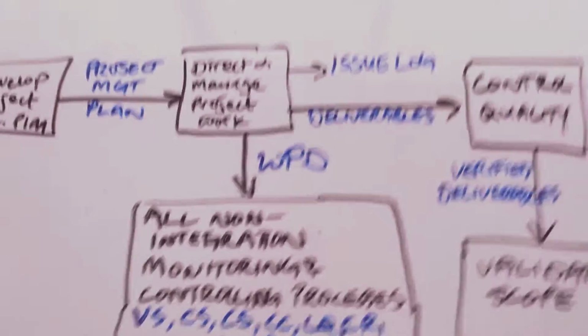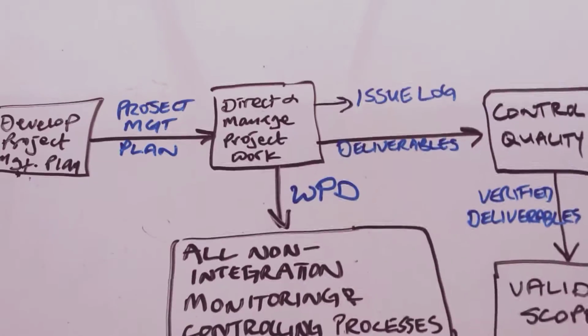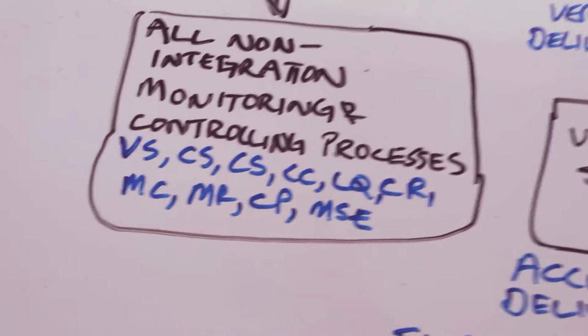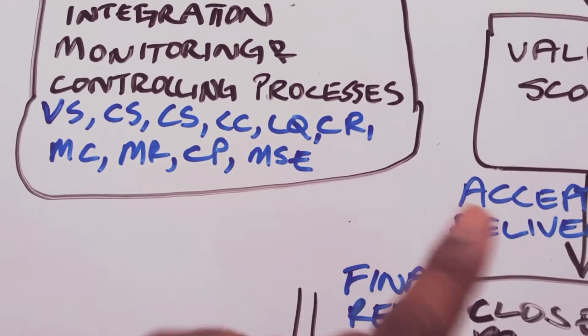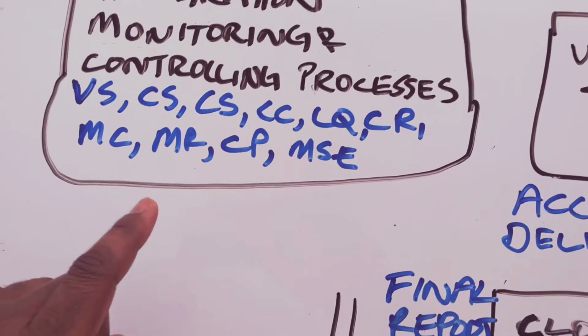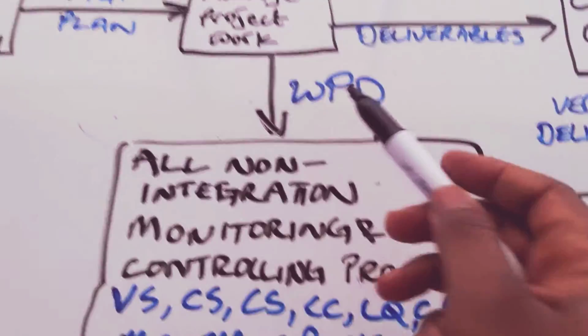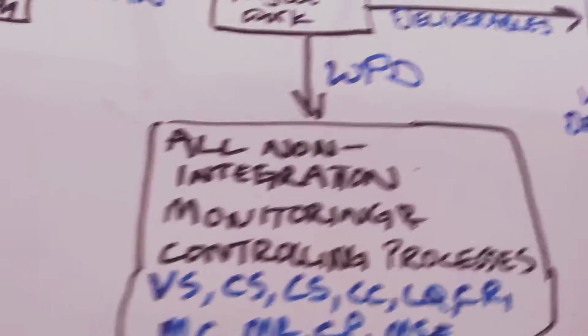Remember, work performance data is your raw observations. These raw observations need to be further analyzed from a scope, schedule, cost, quality, resources, communications, risk, procurement, and stakeholder perspective so that you understand the implication of this work performance data, whatever it is.